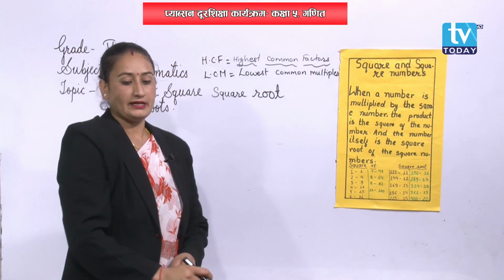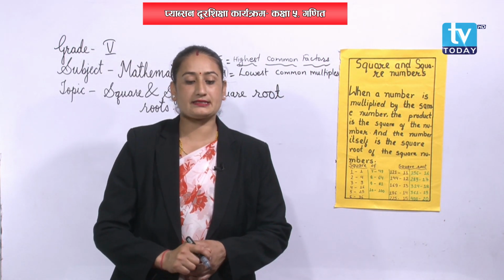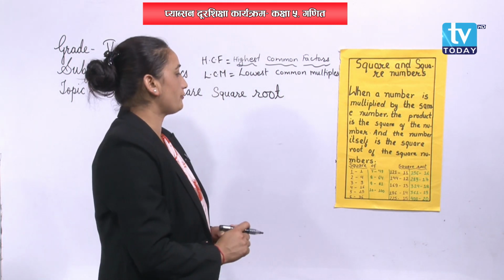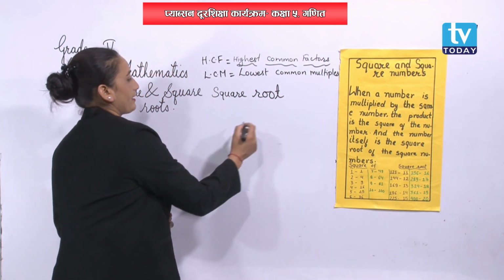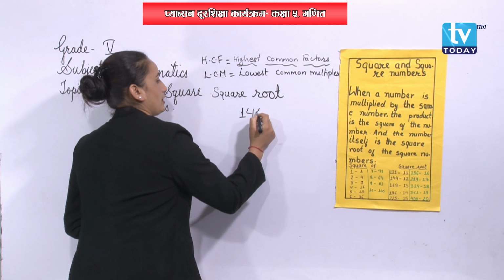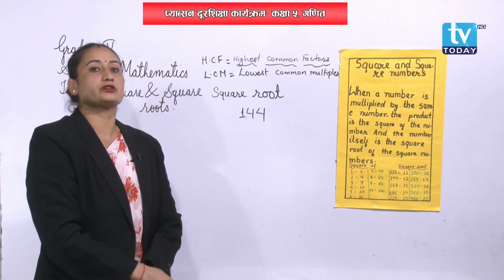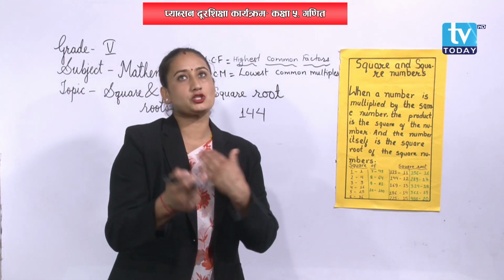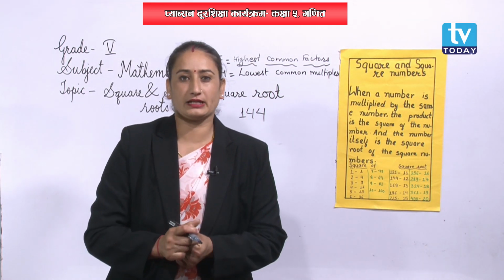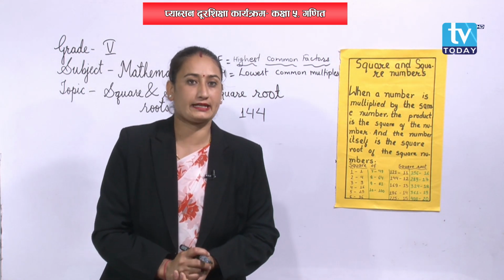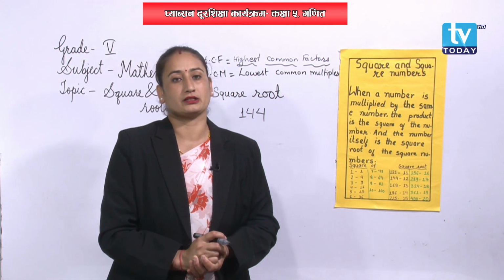Okay, students. Now, let's take out the square root of 144. How to find out the square root of 144? Let's do it through our division method. Okay, let's recall the division method once again.